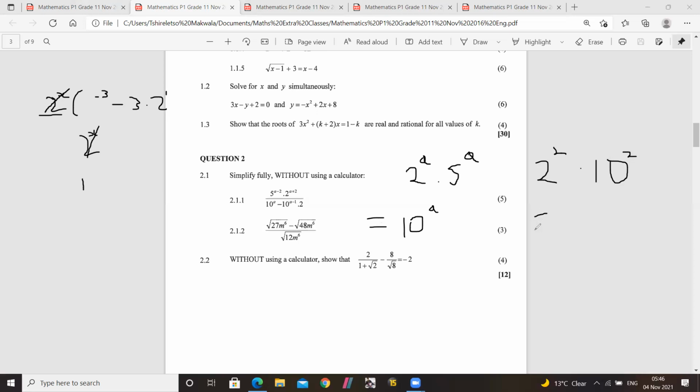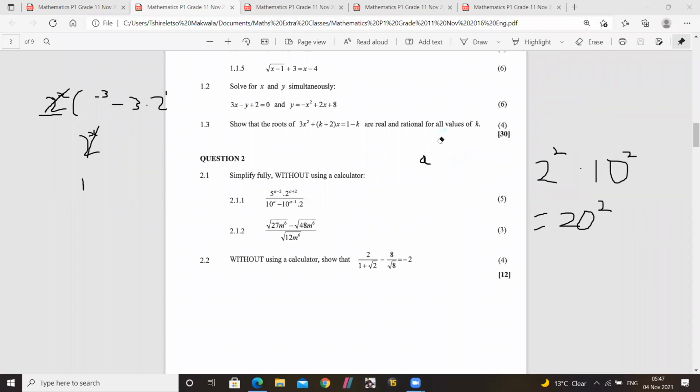The exponents are the same and you are multiplying, so you multiply the bases. So 2 times 10 is 20. Then the exponent remains the same as 2. This is what I meant when I said this is another law of exponents.